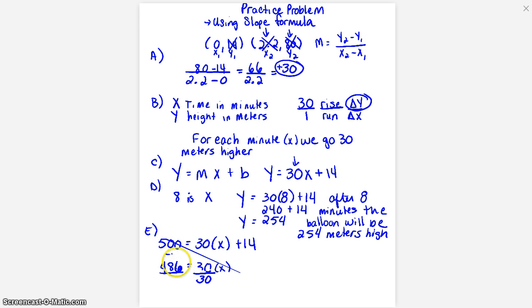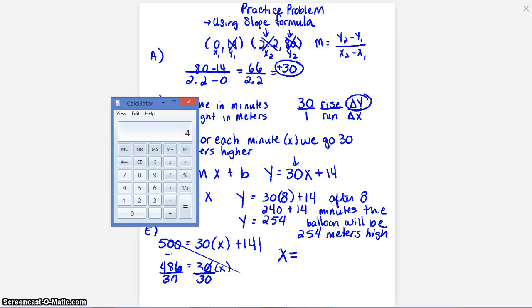So now my 30s cancel out, so I have X equals 486 divided by 30. I need help. 486 divided by 30. 16.2.